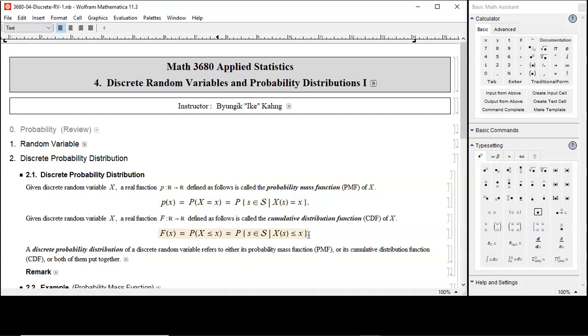Next, a cumulative distribution function. Again, another real function, and that's determined by the probability of the random variable capital X taking a value less than or equal to small x. Again, we are not going to go through the detail here yet. Yes, we will, but a little bit later, and we're going to dig much deeper.